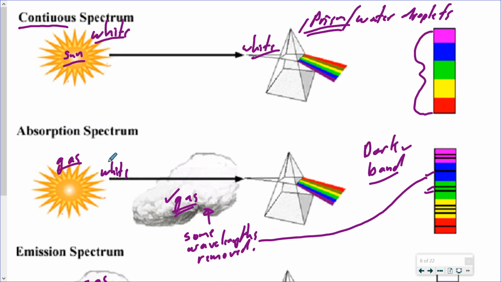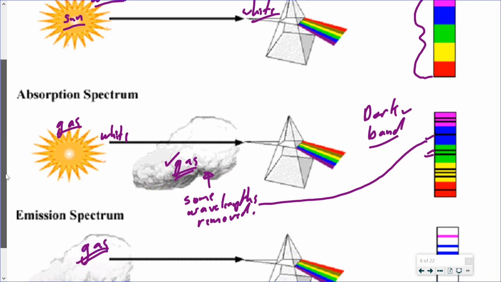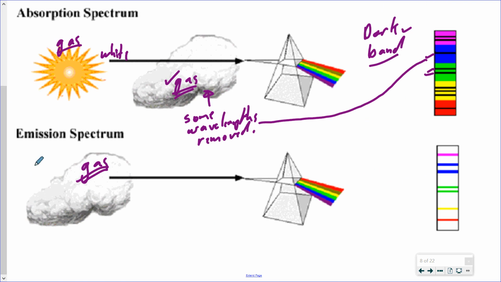We can just provide electricity, and that could excite the electrons as well. So add some electricity in the gas. It's going to excite electrons.